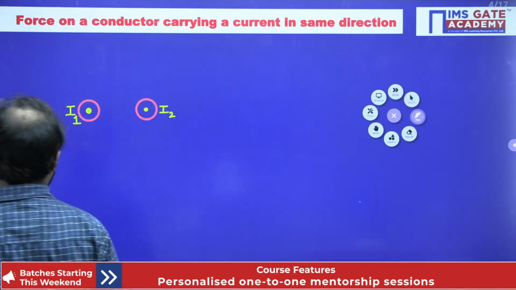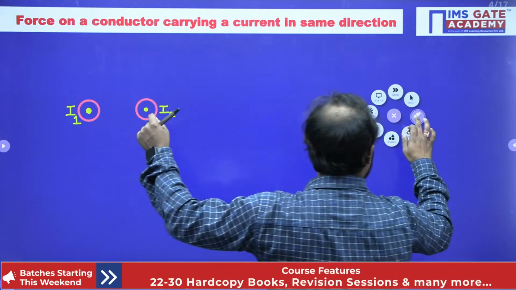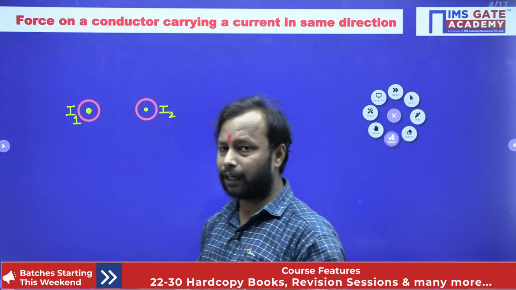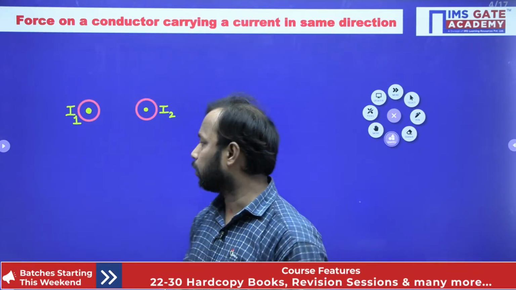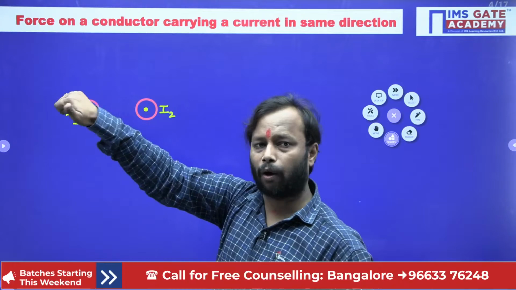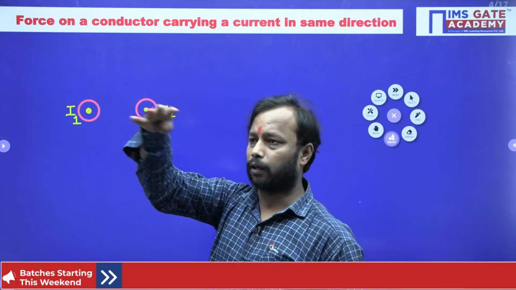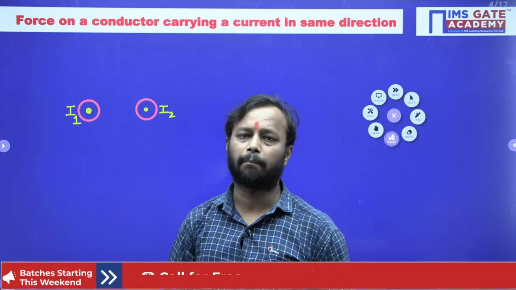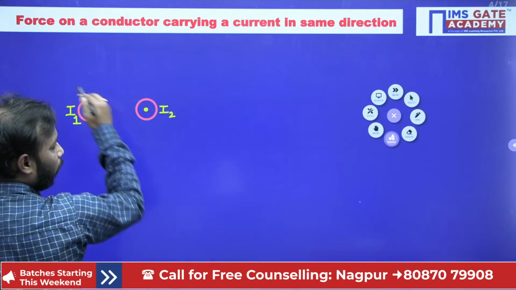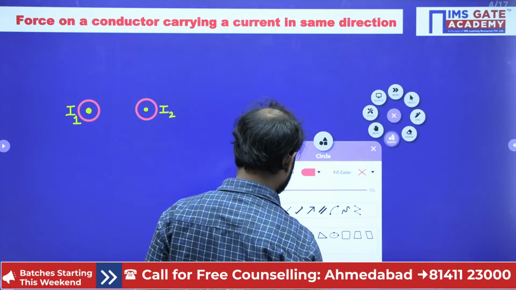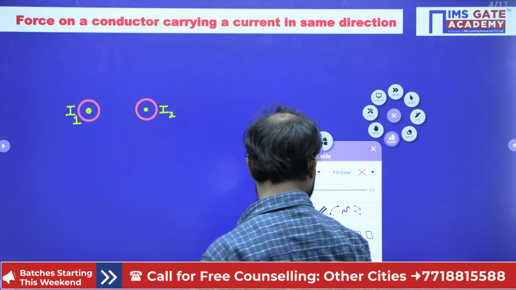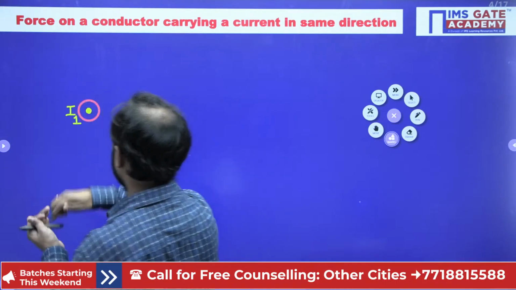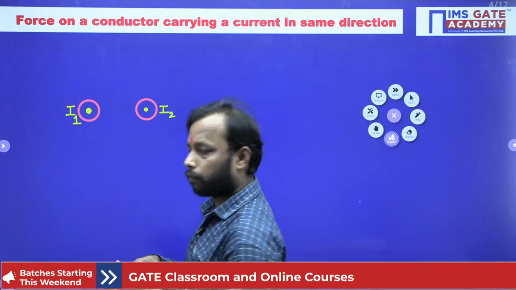Now see, this conductor which is carrying a current will give you a magnetic field. We have seen this in Fleming's right hand palm rule. Here the current is coming outward, so the forefinger will curve in such a direction that it produces the magnetic field. Here it will give the magnetic field in this direction for conductor 1, outside, anti-clockwise.